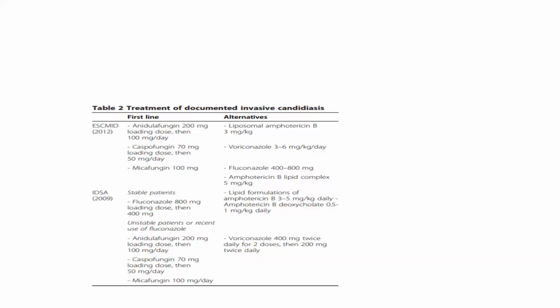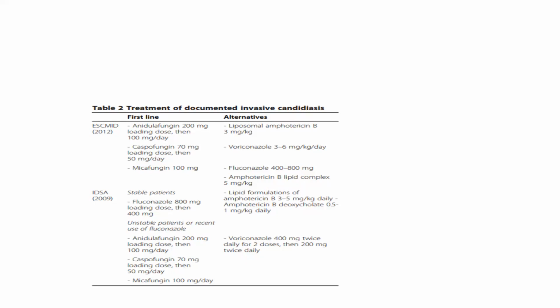And we can also use micafungin. Alternative options are liposomal amphotericin B 3 mg per kg, or voriconazole 3 to 6 mg per kg per day. Fluconazole we can give 400 to 800 mg. Amphotericin B lipid complex with a dose of 5 mg per kg.